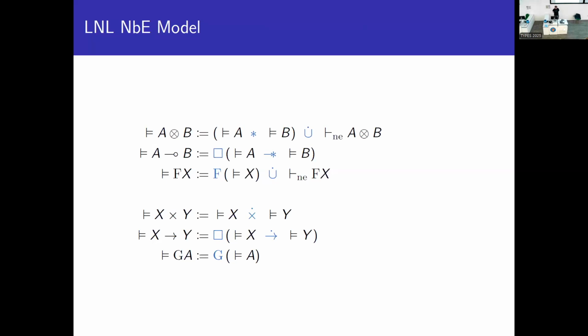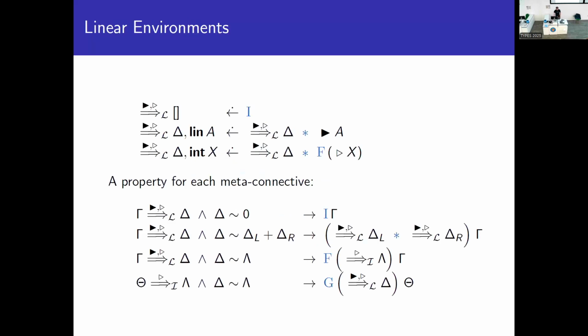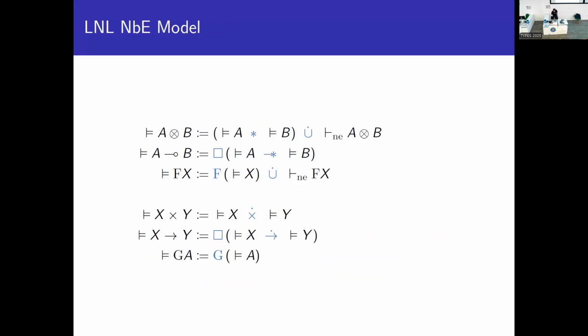The linear function space uses the separating implication, the closure for the separating conjunction. So that's kind of nice. And then F and G both use meta F and meta G. But of course, because object F is handled by pattern matching, we tag on neutral terms of type F of X.